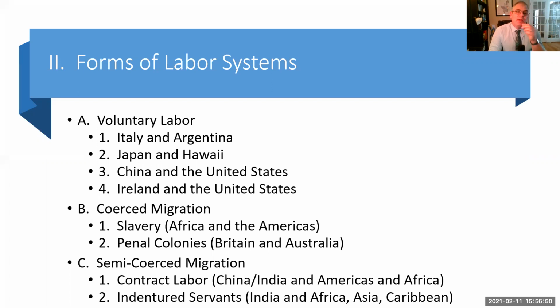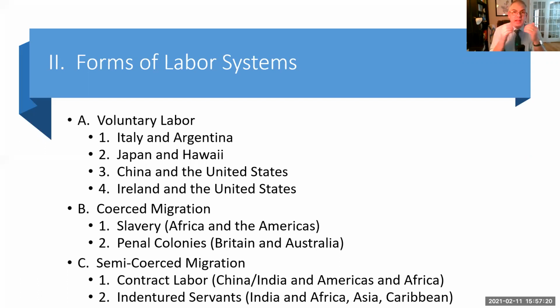In the case of China, there are going to be Chinese workers who come over to the western part of the United States and provide labor as part of the building of the transcontinental railroads, but also gold mining. In Ireland, you're going to see a migration of Irish into the United States, flooding throughout the eastern part of the United States and providing labor for the factories that are growing, as well as providing labor on farms.